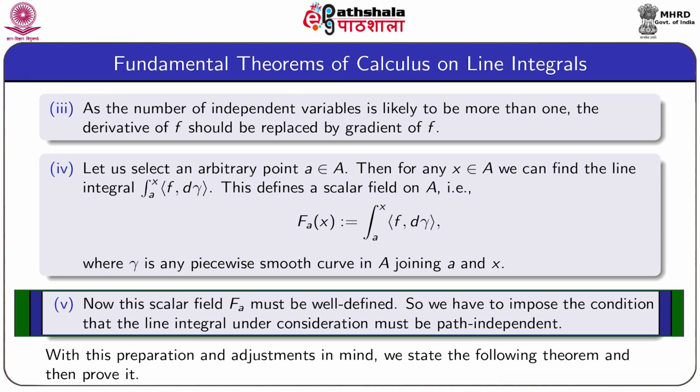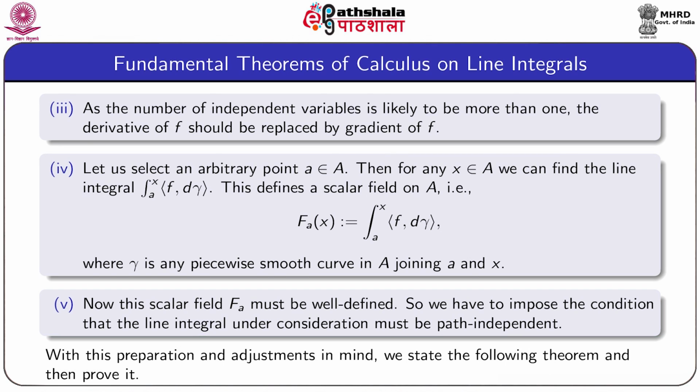Now, the scalar field F_a must be well defined, and we defined F_a with the help of a line integral. So, we have to impose the condition that the line integral under consideration must be path independent. With this preparation and adjustments in mind, we state the following theorem and then prove it.